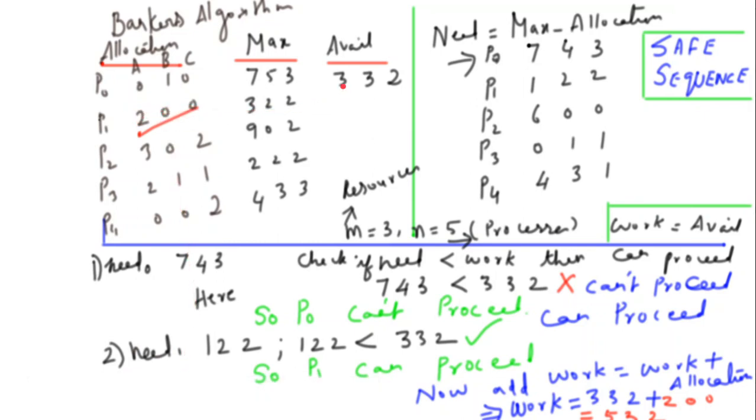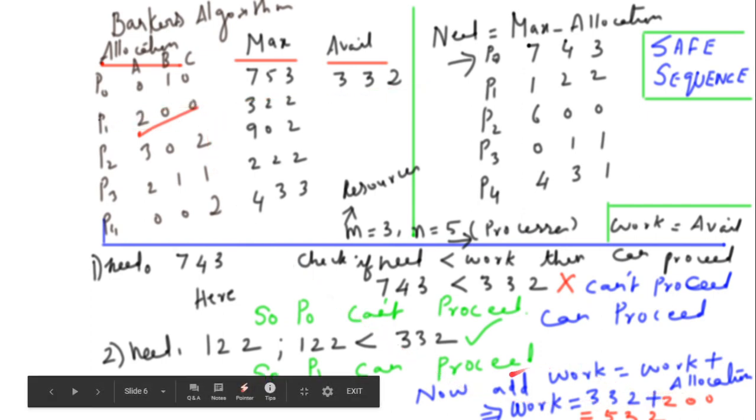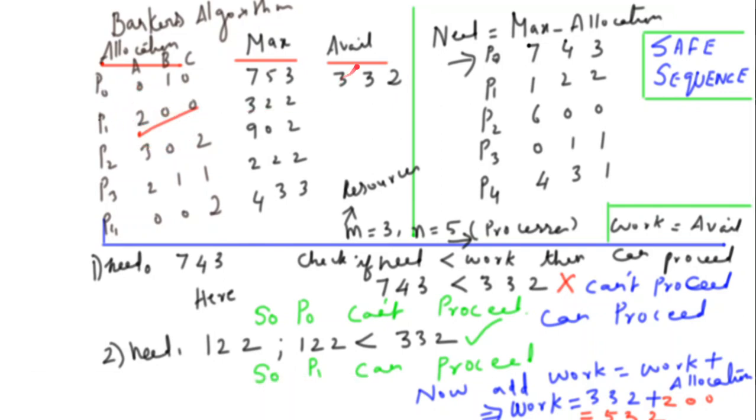So work is equal to work plus allocation, 332 plus 200. The answer is 532. 3 plus 2 is 5, 3 plus 0 is 3, and 2 plus 0 is 2. So now work is equal to 532. After P1 releases these resources, the availability has become more.